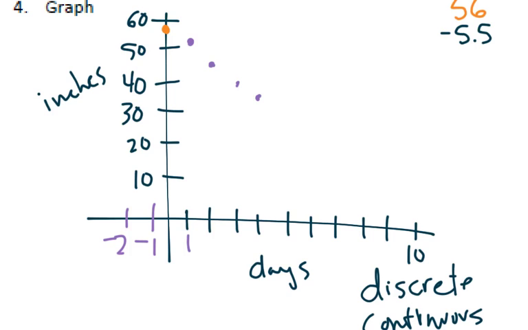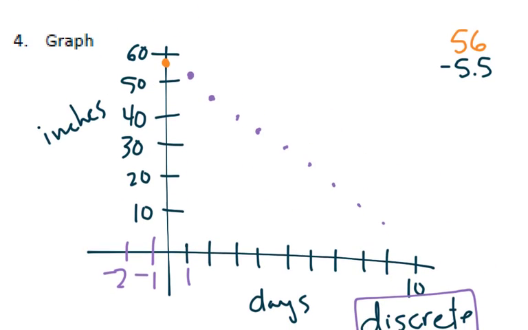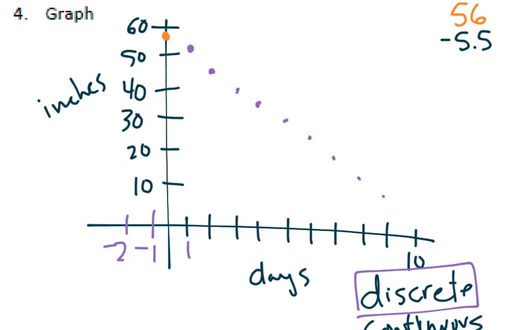So according to my story problem, I shouldn't connect my dots. Okay, but the pattern can keep going. That's what we call discrete, because there's no in between. The continuous is when there is in between. So you've got to look at your story problem, and most story problems will probably end up being discrete.